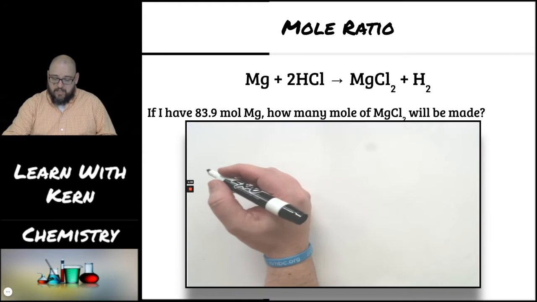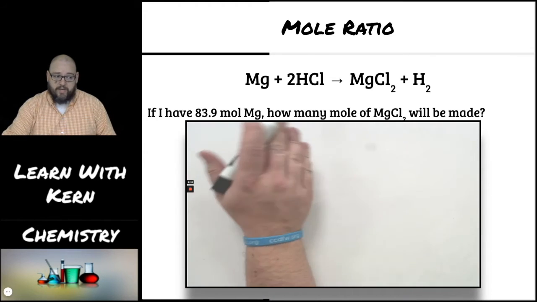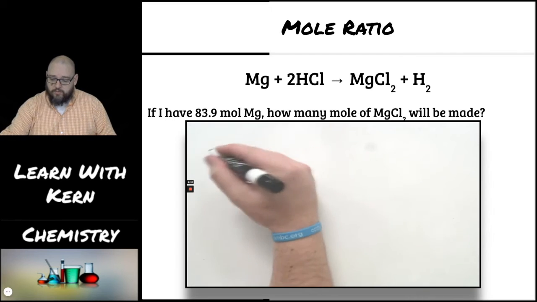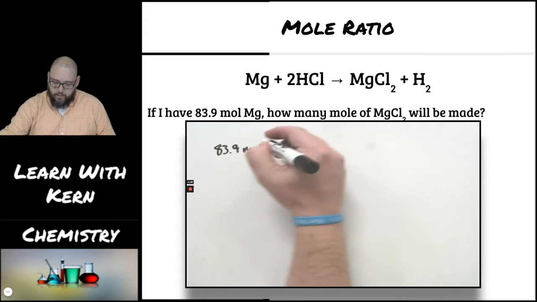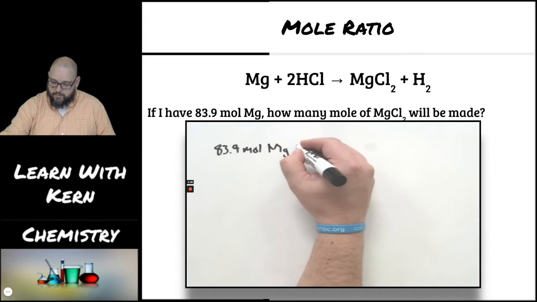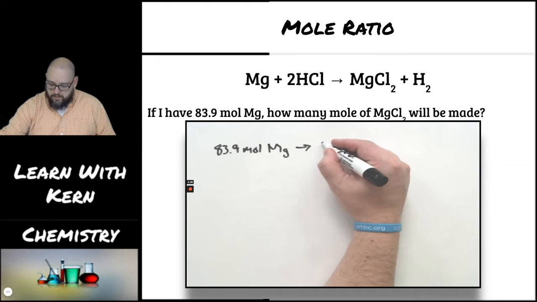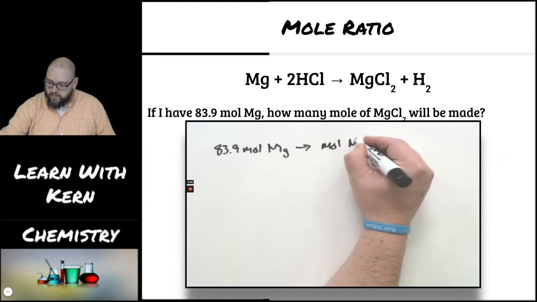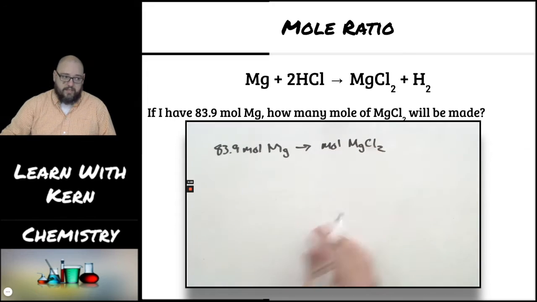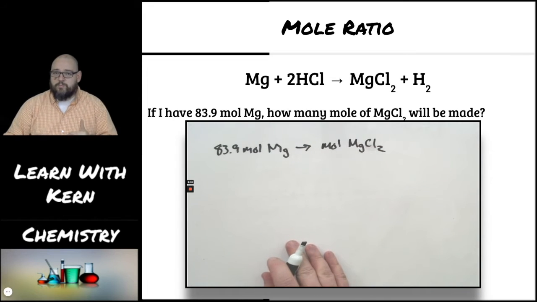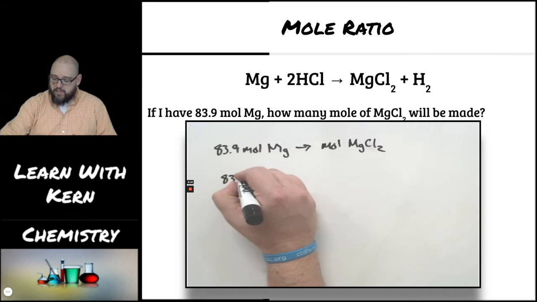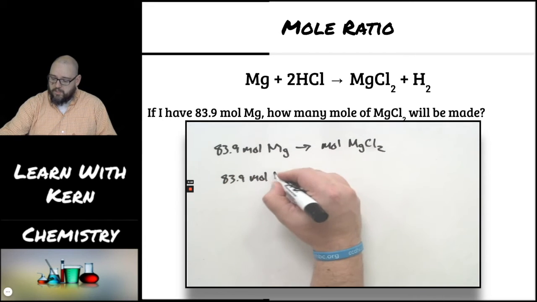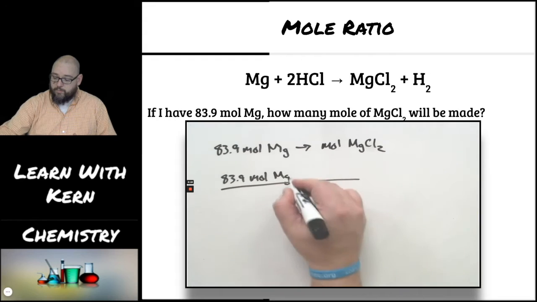And so this is how we do this. First we have a balanced chemical equation, and so we're going to start off with the number that they gave us, 83.9 moles of magnesium, and we're trying to find how many moles of magnesium chloride that is. Well, this is a very simple stoichiometry problem. It's just using the mole ratio. So I'm going to start with the number I'm given, 83.9 moles of magnesium, and then step one is to convert to moles.